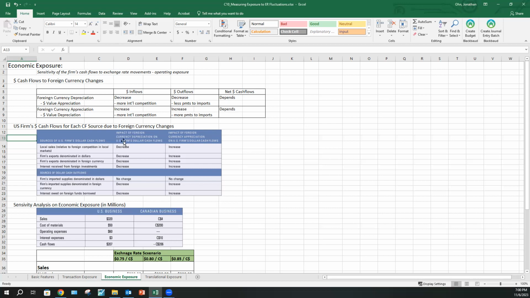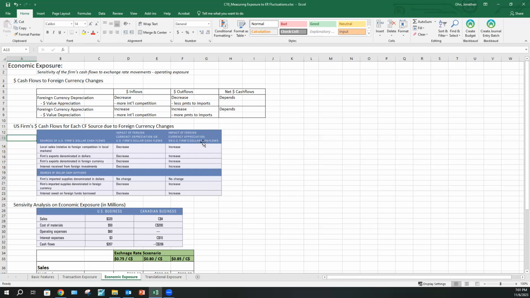That means the US firm's dollar cash flow will decrease when this happens, no matter what the source, whether the company is focused on local sales, its export is denominated in dollars or in foreign currencies, or it receives income from foreign investment. Whatever the source of their cash flows, it will decrease. And the opposite is an increase.